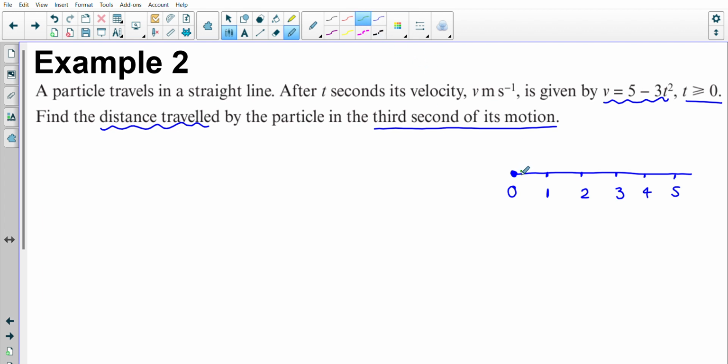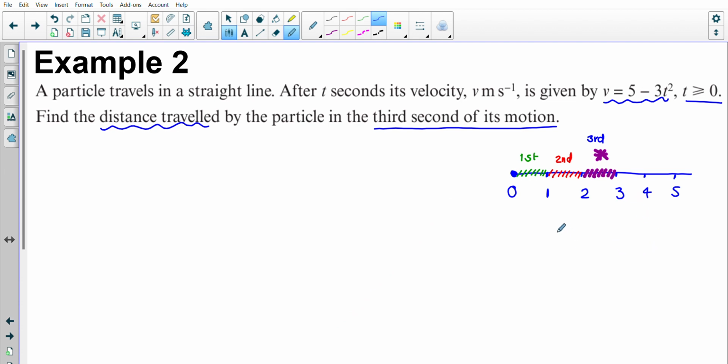Well, this bit here must be the 1st second. So going from 0 seconds to 1 second, that's its 1st second. This one here is its 2nd second of motion. Okay, going from 1 second all the way to 2 seconds. So the 3rd second of its motion is actually here. Yeah, that's the 3rd second of its motion. So I'm going to be between 2 seconds and 3 seconds.